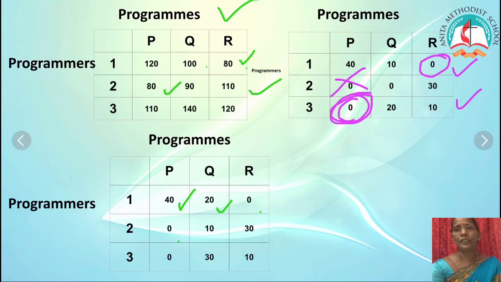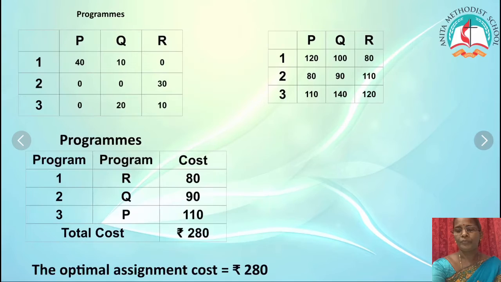In a row or column, exactly one 0 only should be marked. So first you should do it row wise, then column wise. When you are doing the third row, you have to strike out this 0, because in a particular row or column only one 0 should be marked.